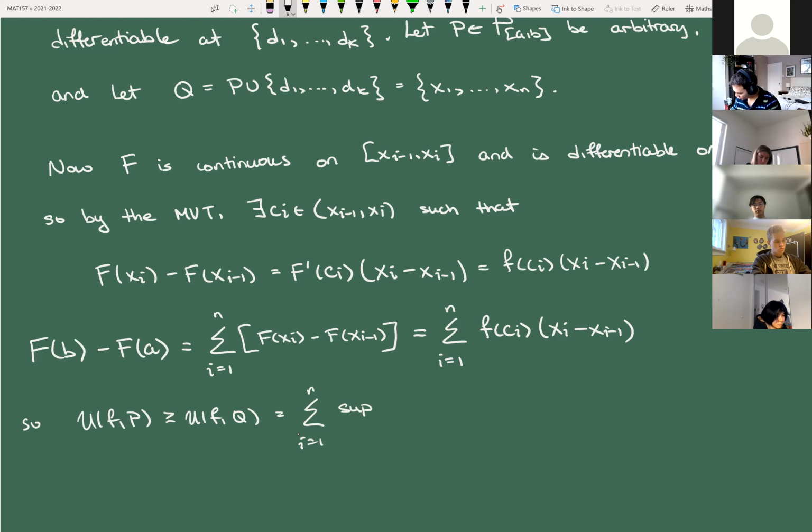This is right. This is the sup of f of x. And the sup is greater than or equal to the value of the function at any point inside of it.